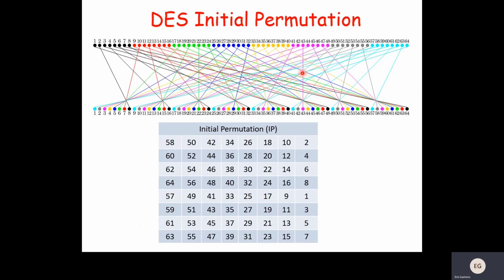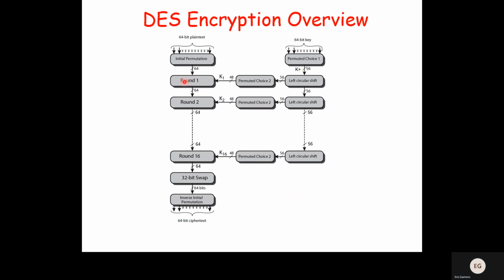Then, after the initial permutation, we enter the repetition that we will do 16 times. Let me go back to the original slides. After the initial permutation, you go to the first round, then the second round, up to round 16.